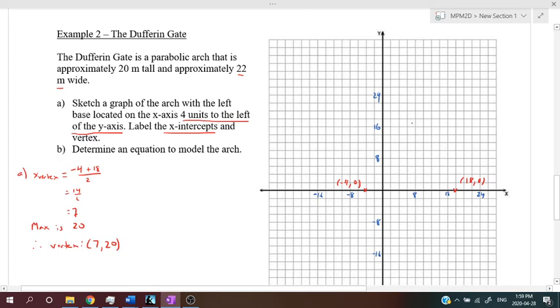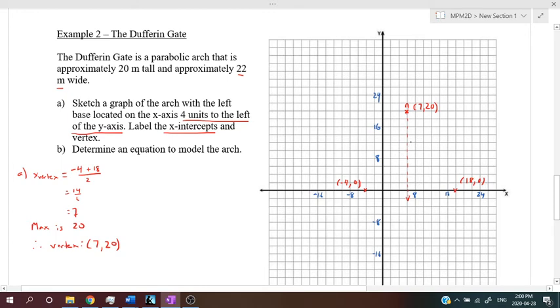Okay. So we could draw an axis of symmetry if that's helpful to us. It's not necessary, right? But that could have been helpful to us. So there's our vertex, 7, 20.